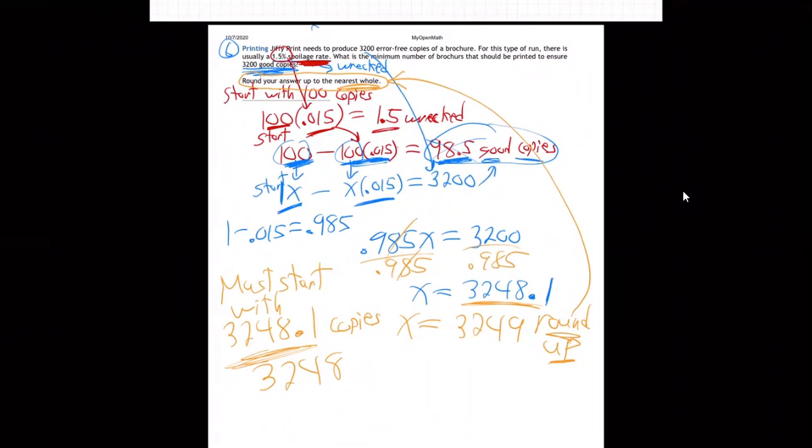If you go under that, you're not going to have 3,200 good copies in the end. So you have to go above it, even if it's only 0.1. Does that make sense? You've got to round it up. If you just do 3248 straight on, you're not going to have enough good copies in the end. You need 3,200 good copies in the end, so you've got to round it up.